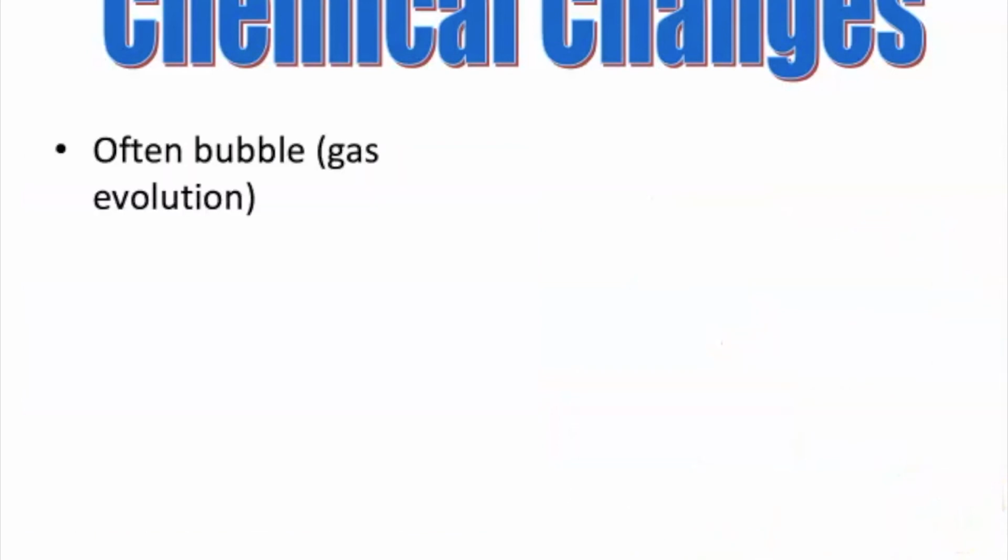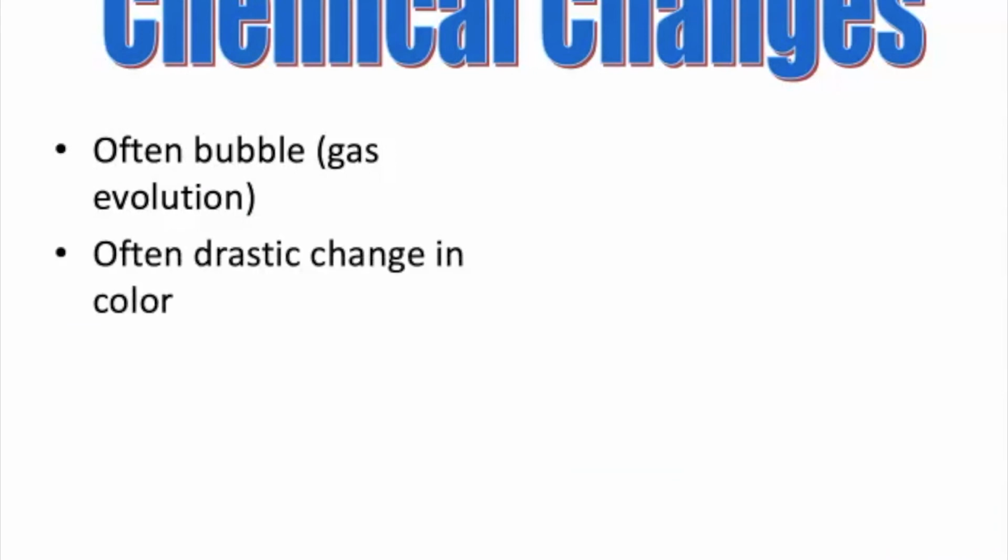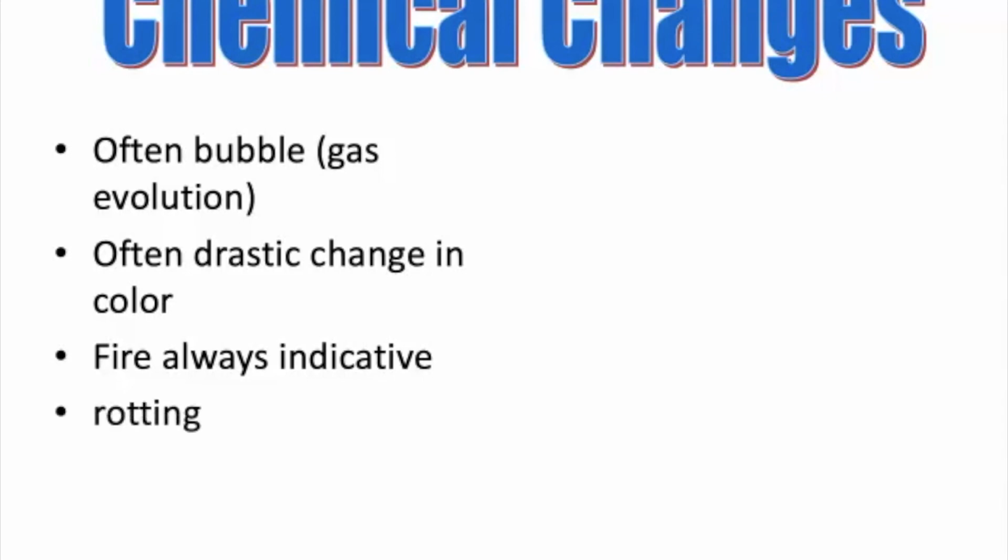So here are examples of chemical changes. They're often when you see bubbling or some sort of drastic change in color. You've got to be a little careful about color though, because there are some physical changes that are just color changes. But anytime you see fire or combustion, that's always an example of something actually changing the way that it's bonded together on a chemical level.